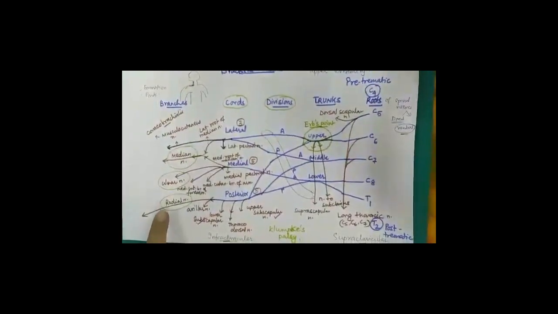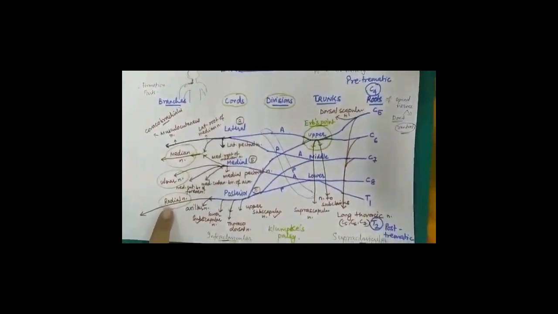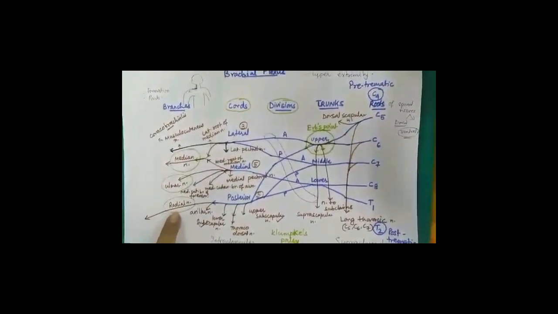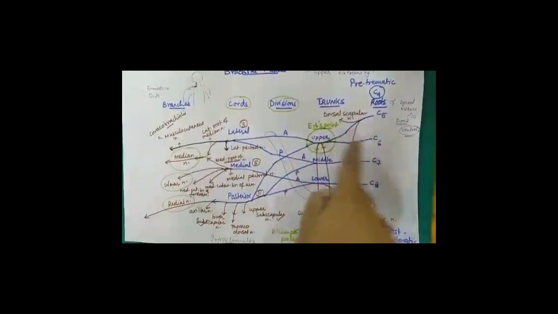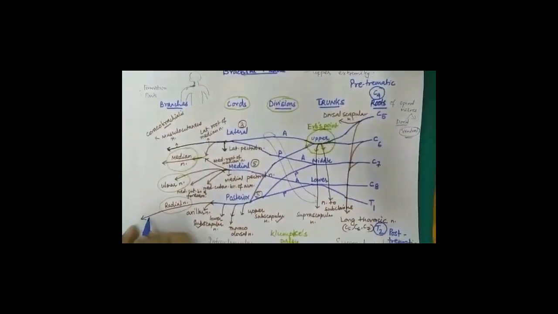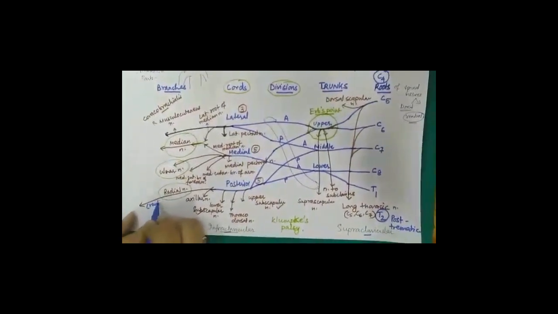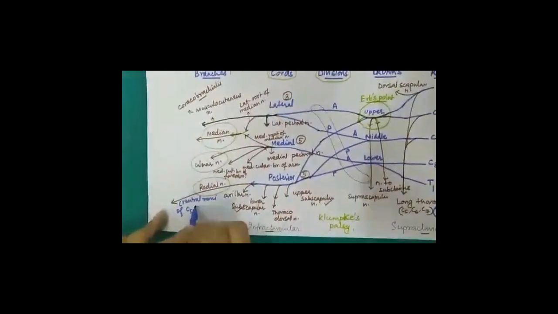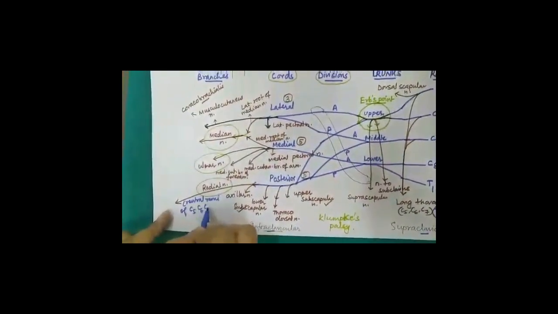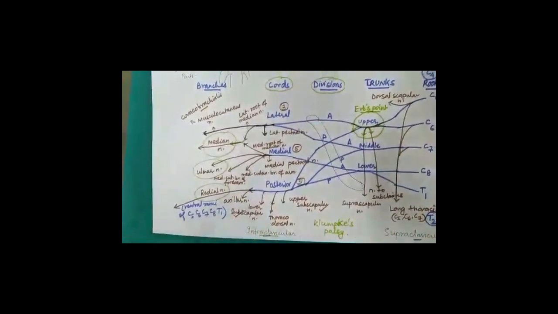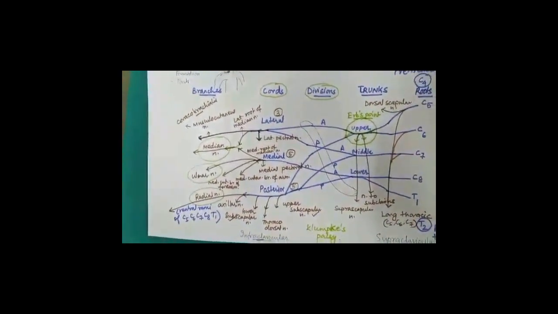So suppose I ask you what is the root value of the radial nerve, you will say it is ventral rami. Look at the roots. The radial nerve is made up of ventral rami of C5, C6, C7, C8 and T1 spinal nerves.